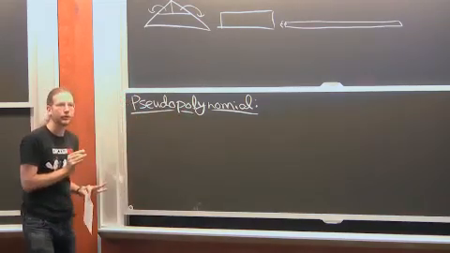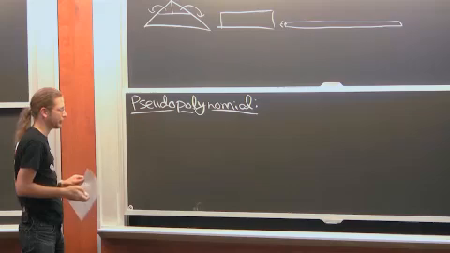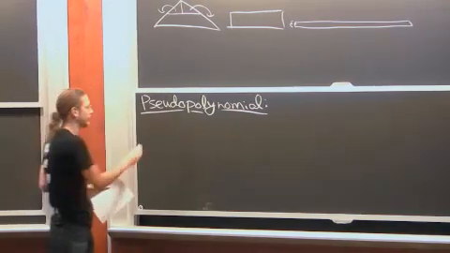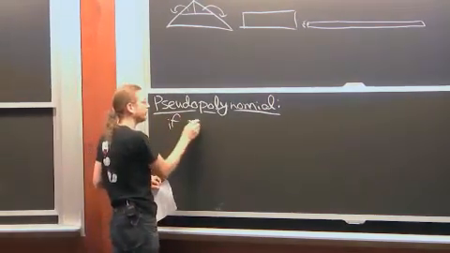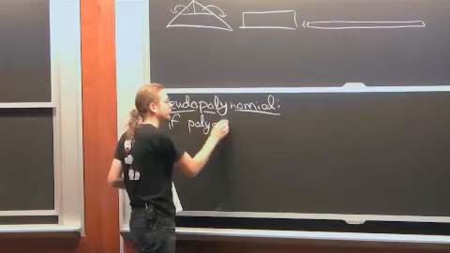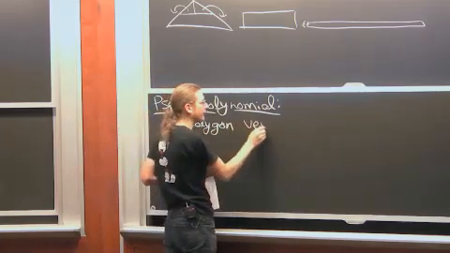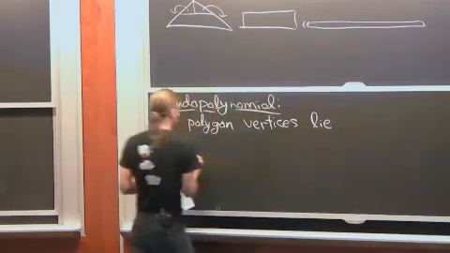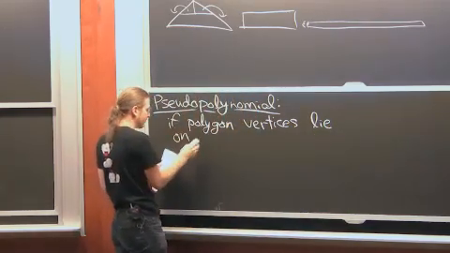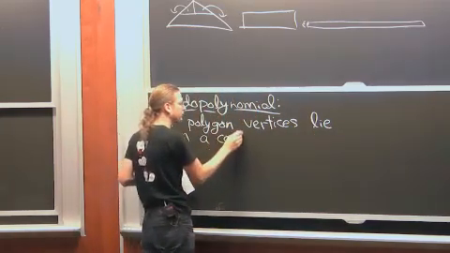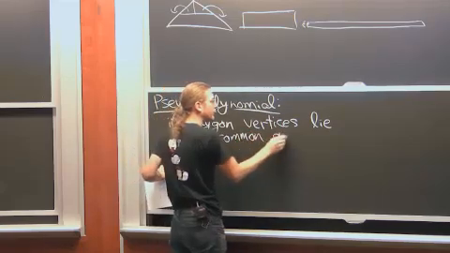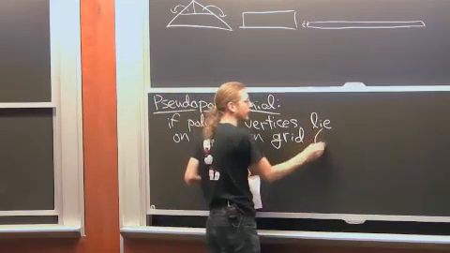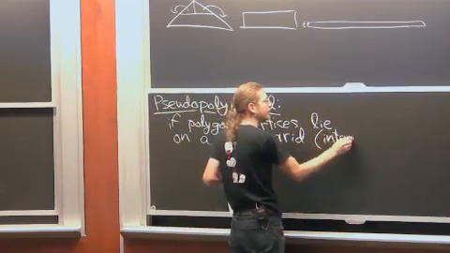I'm not going to claim this for arbitrary polygons, although I think it's probably true. What we argue in the paper is that if the vertices of the polygon lie on a grid, then we're okay. It's just a little hard to keep track of otherwise. I will scale things to make this the integer grid.